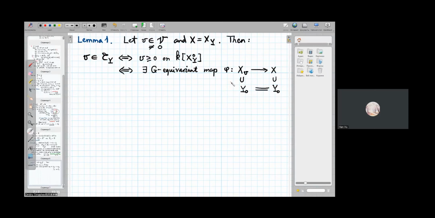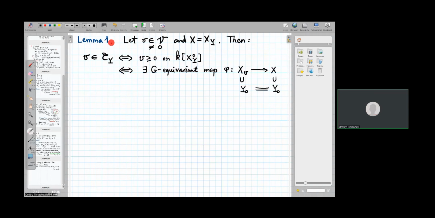So, in the next lecture, I will prove this lemma and turn to the classification of general, not necessarily simple, spherical varieties. Simple spherical varieties are classified by combinatorial objects, which we call colored cones, and general spherical varieties, which admit an open covering by finitely many simple spherical varieties, as we know, will be classified by other combinatorial objects, which are certain collections of colored cones, which we shall call colored fans.